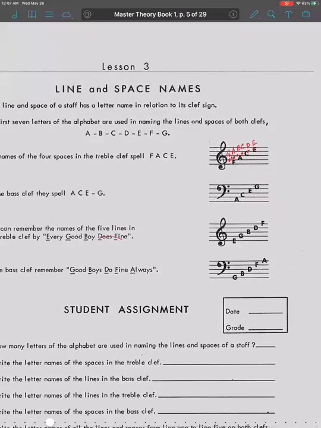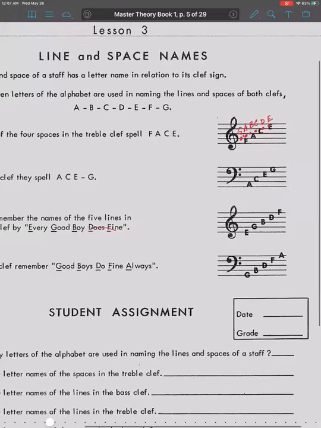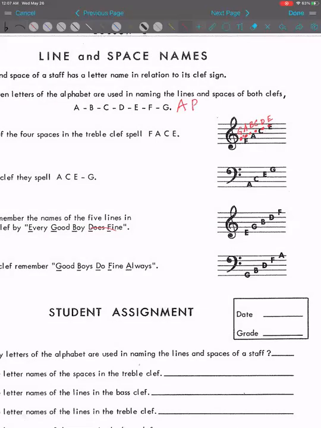And the musical alphabet does recycle. It goes circling, like A, B, C, D, E, F, G, and after G is again A, B, C, D, etc.